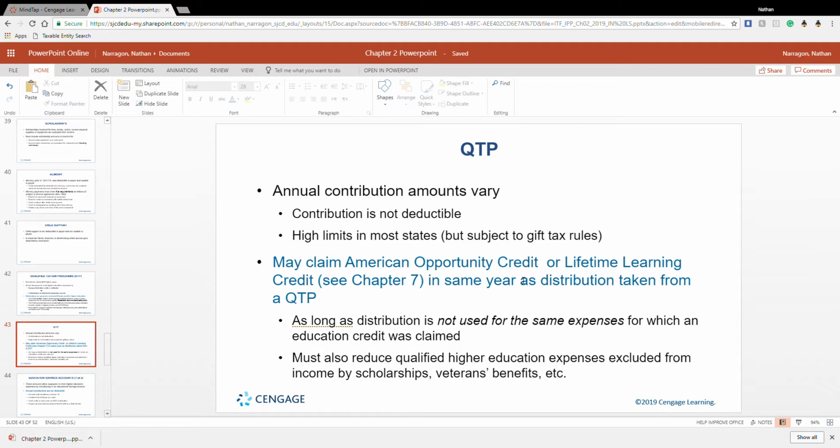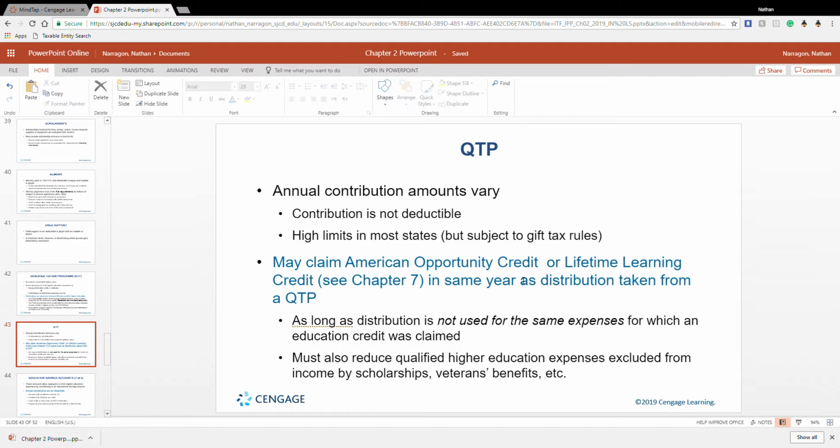We may have a claim on the American Opportunity Credit or Lifetime Learning Credit. These we get to see in Chapter 7. These are known as deductions to AGI in the same year as distributions taken from a QTP. So we can actually have one of these extra credits.